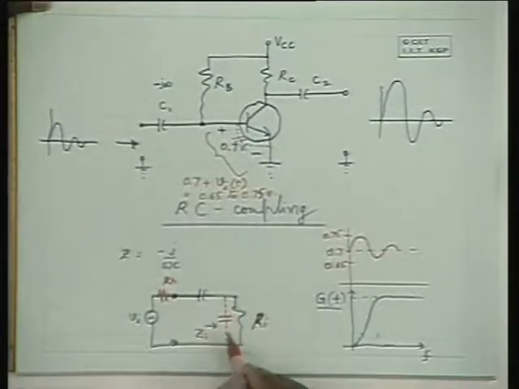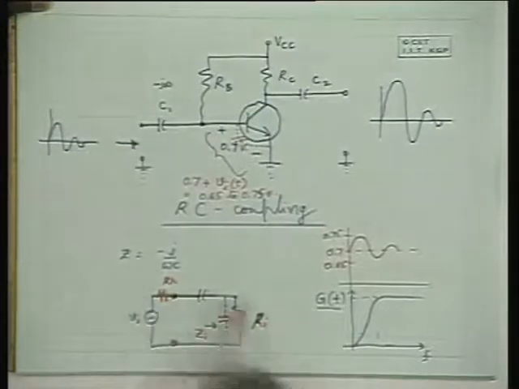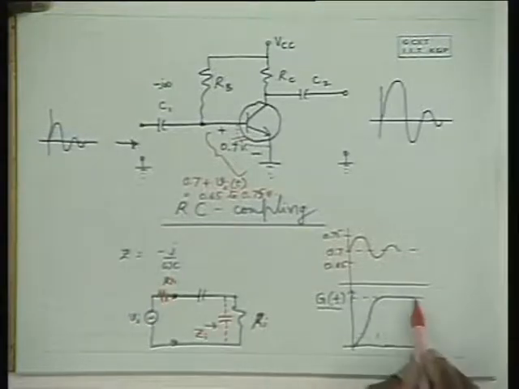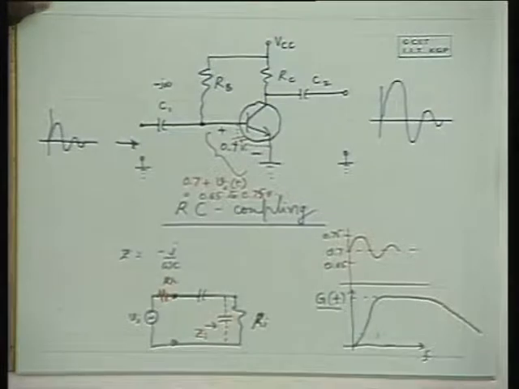So this Zi is going to fall at high frequencies, and when this Zi falls, since the voltage gets divided between Rs and Zi, that factor in the gain, Zi by Rs plus Zi, goes down at high frequencies. As a result, at high frequencies, the frequency response falls for the amplifier. Therefore, the amplifiers exhibit band pass characteristics.